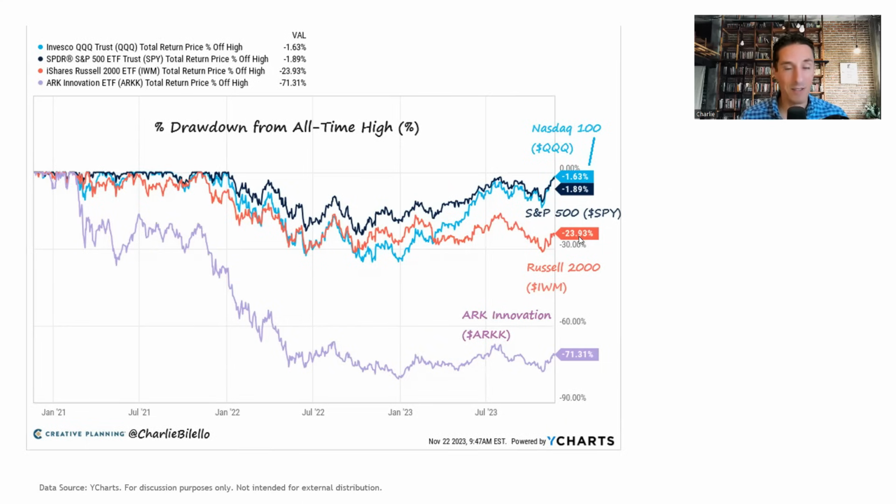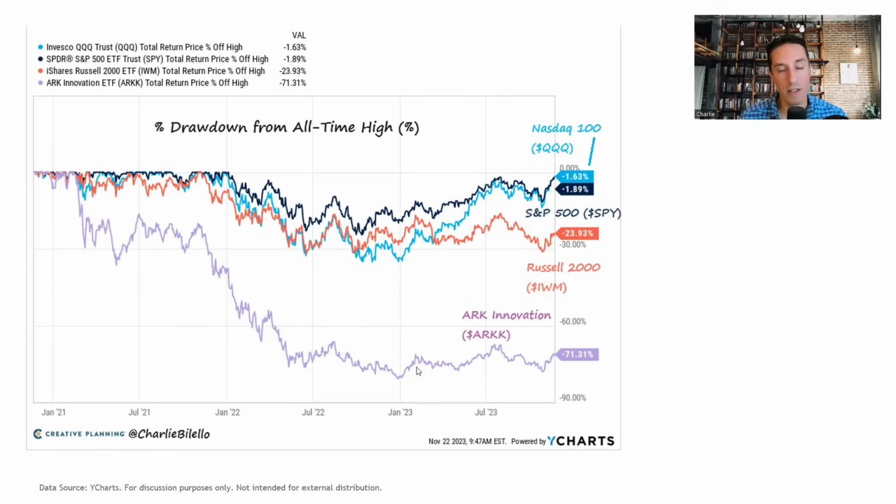And all tech stocks are not in the same boat. While Apple and Microsoft and Google and Amazon are having tremendous years, NVIDIA, of course, and we'll talk about that in a little bit, the high growth stocks that we saw a huge boom in 2020 and early 2021, the smaller companies, have been hit much harder.